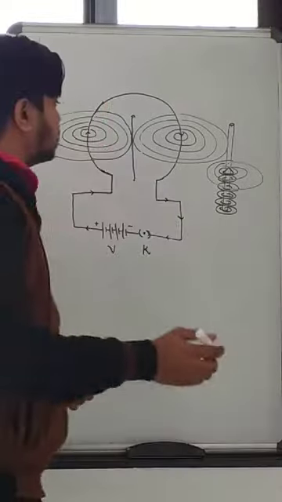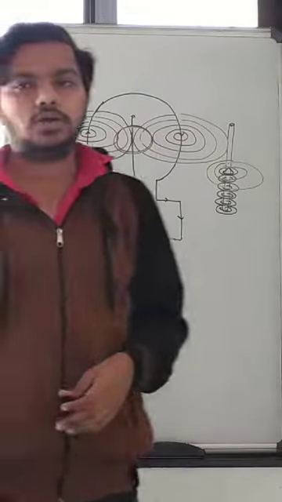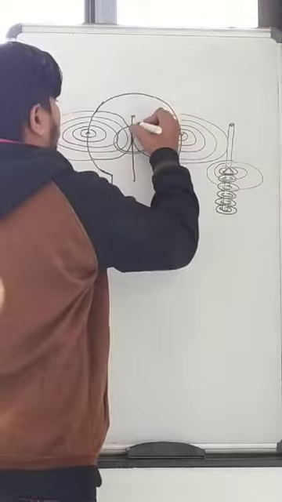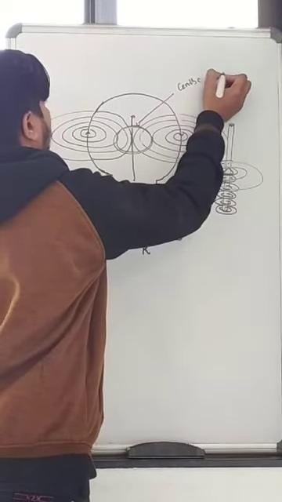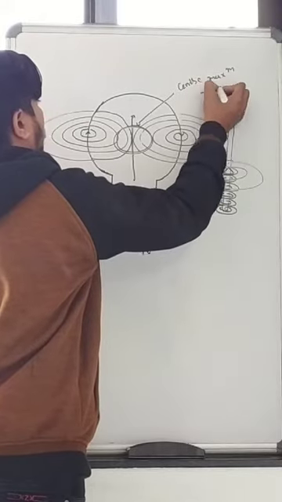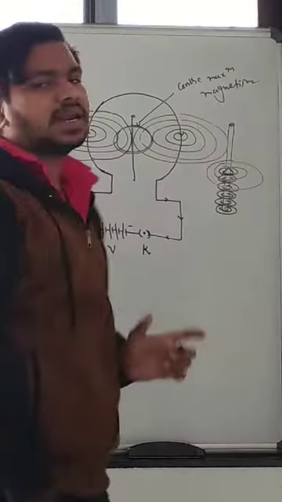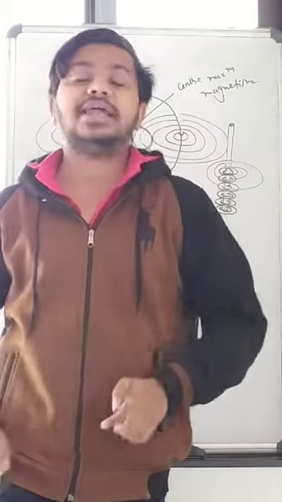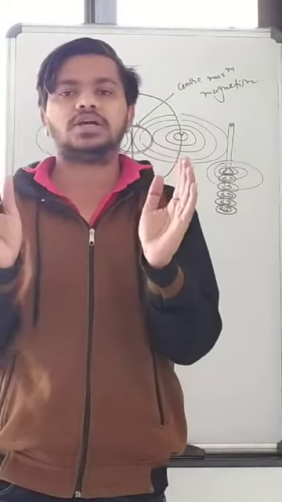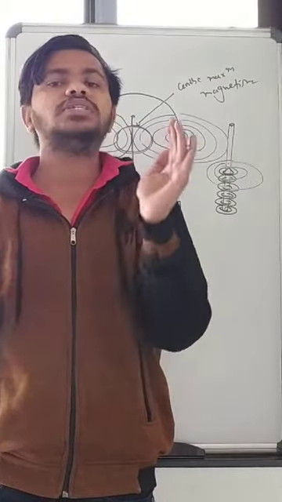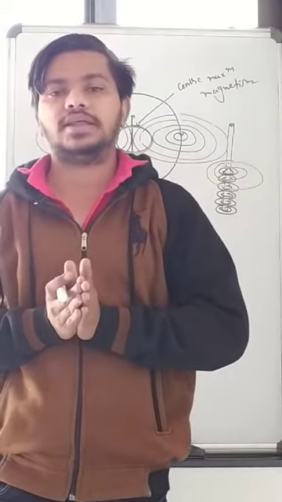Not only that, at the center the magnetic field lines are closer to each other. So the maximum magnetism is at the center, as the magnetic field lines of both the conductors, meaning both the symmetric points, come nearer at the center.